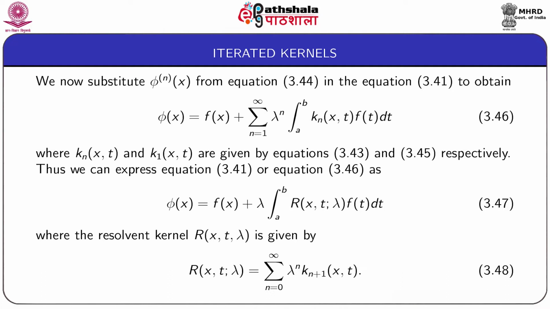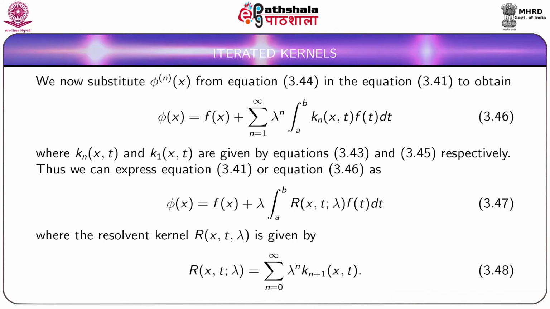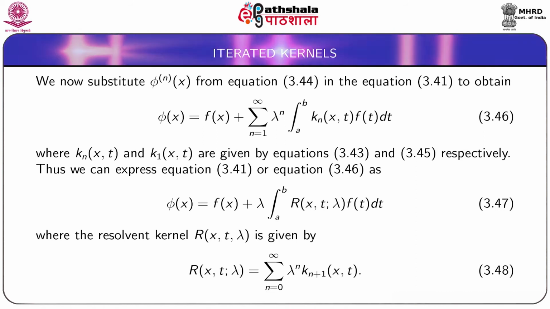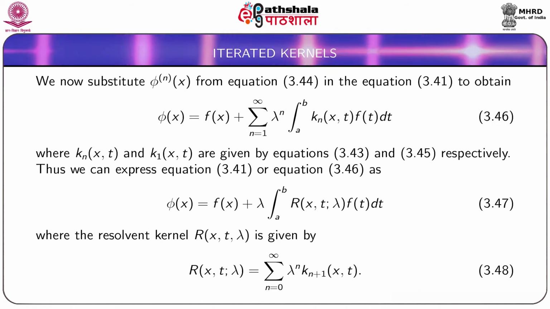Kn xt and k1 xt are defined by the equations 3.43 and 3.45 respectively.